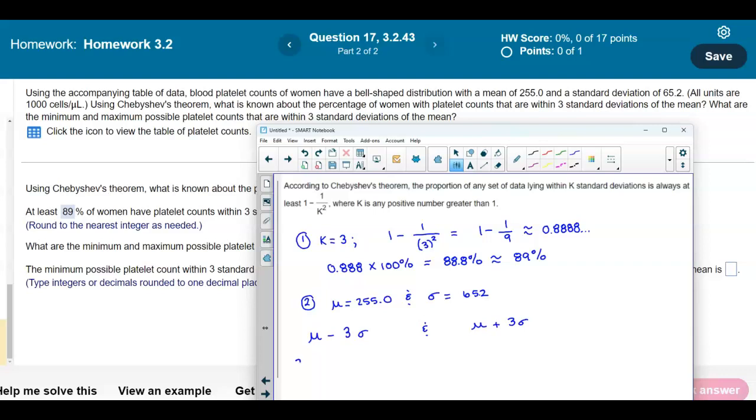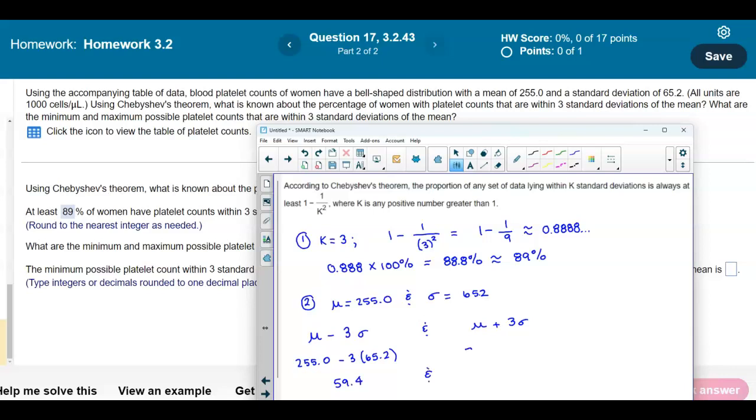So if we take 255.0 and then subtract 3 times 65.2, okay, what do we get there? So if we take 255, subtract 3 times 65.2, then we get 59.4.